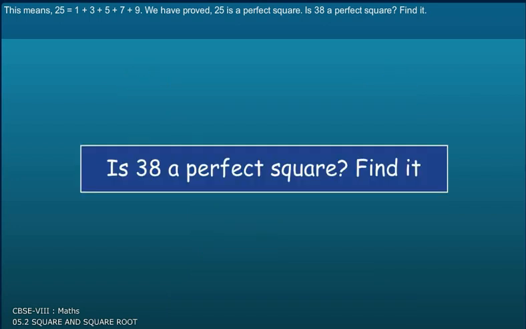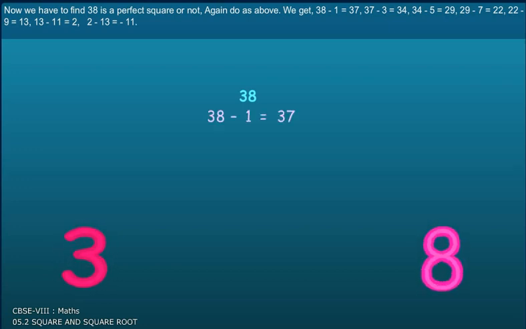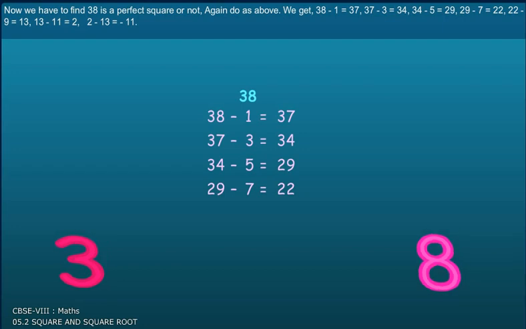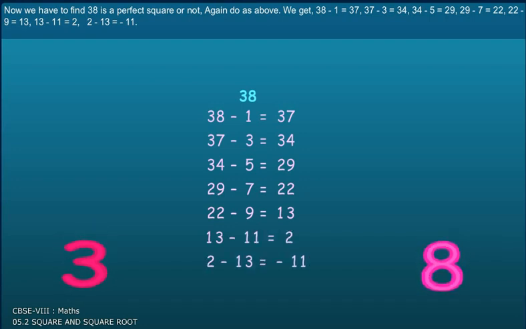Is 38 a perfect square? Find it. Now we have to find whether 38 is a perfect square or not. Again we do as above. We get 38 minus 1, 37. 37 minus 3, 34. 34 minus 5, 29. 29 minus 7, 22. 22 minus 9, 13. 13 minus 11, 2. 2 minus 13, minus 11.